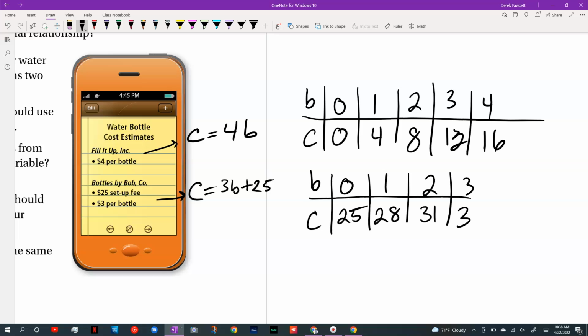If you bought 3, that would be 34. And if you bought 4, that would be 37. All right, then you would use that table to graph them. And these are just your coordinates: 0, 0, 1, 4, 2, 8. These are just your X and Y coordinates on your graph.